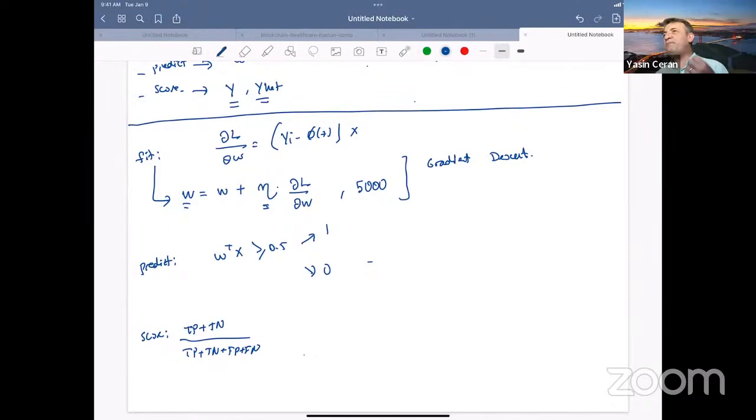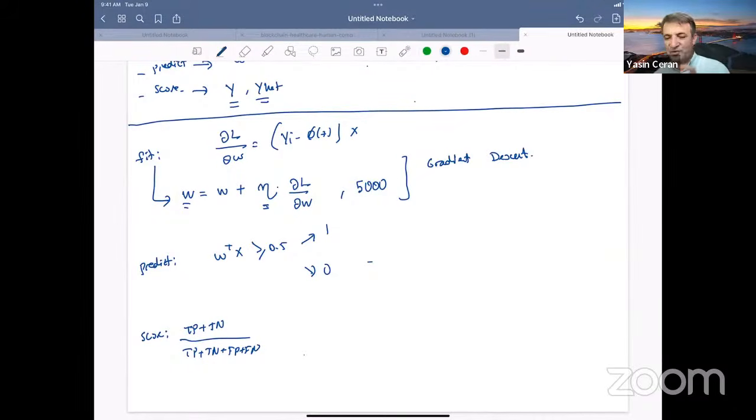A student passed and we predicted failed, we have a false negative. A student failed and we predicted pass, we have a false positive. A student failed, we predicted fail, we have a true negative. Assuming that pass is positive, fail is negative.